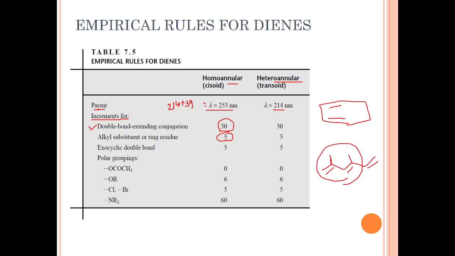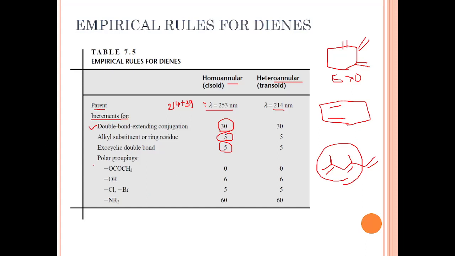Okay, so again, exocyclic double bond. What is meant by an exocyclic double bond? If we have a ring, then any double bond which is outside of this ring is called an exocyclic double bond. So these are the exocyclic double bonds, and these are endocyclic. If this diene has an exocyclic double bond, then we again need to add 5.